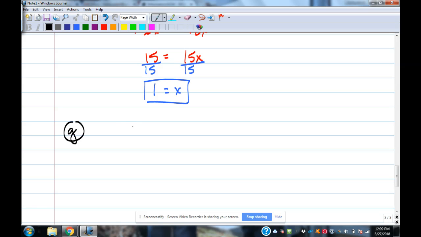Let's look at this one. Let's say we had 16 minus 3x equals 14 minus 3x. Go back to a little easier problem, maybe. Shorter. I don't know if it's easier or not, but shorter.